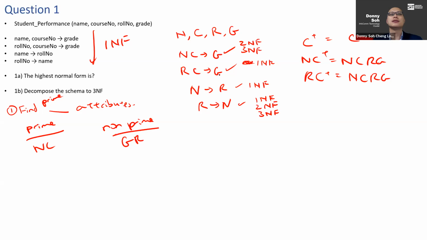Let's see, RC closure equals GRC. Yeah. So RC closure, let's check again. CG closure is only equals to CG. Okay, so this is fine.